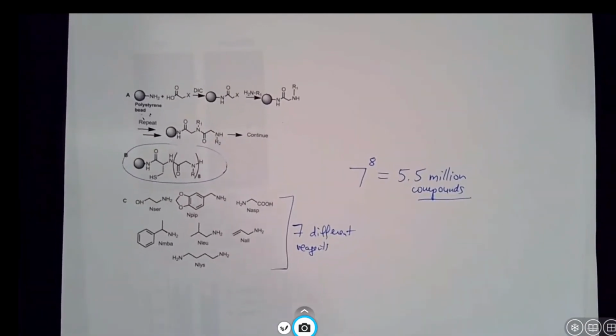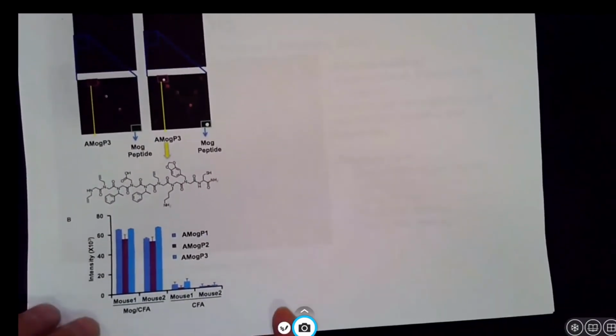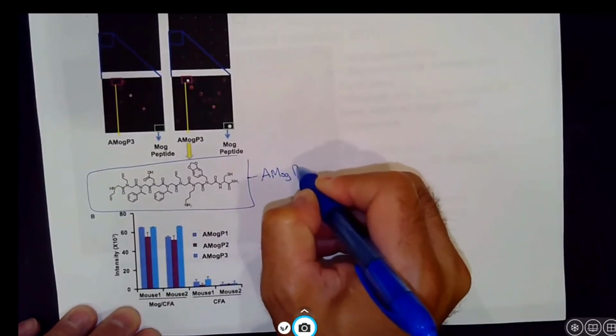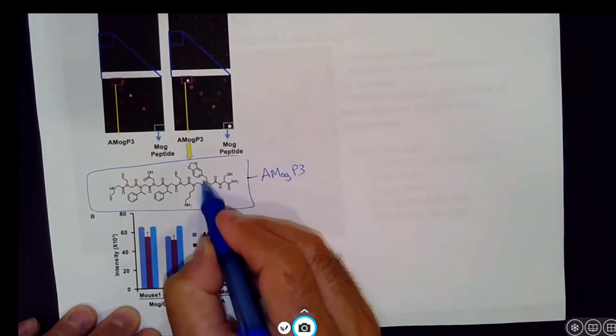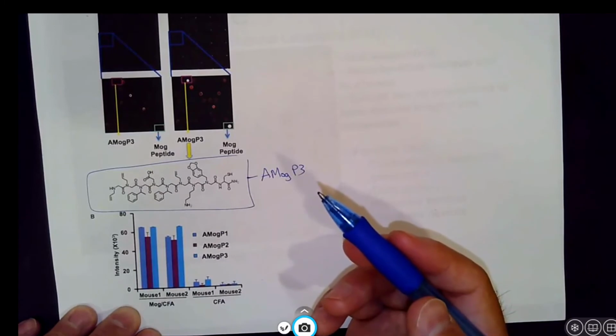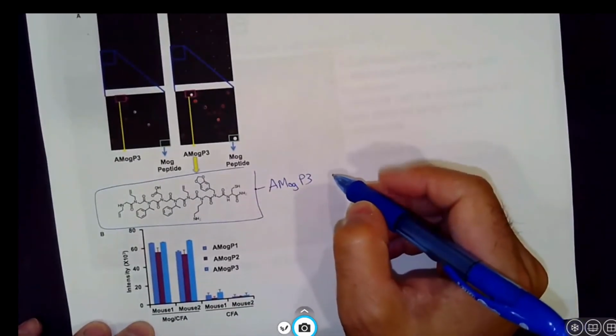And then what they noticed was that 3 peptoids were actually pretty good. The one I'm showing here is called AMOG P3. You can see it has this decorated motif, and it has very high binding affinity to the IgG antibody.